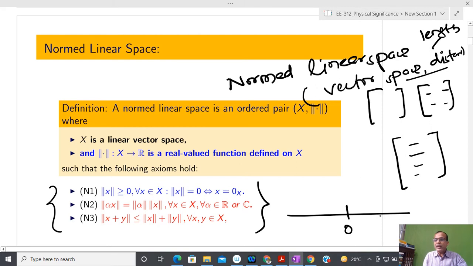In one dimensional space, suppose I have some quantity like 1, how are we defining distance? We take the absolute value and say this is the distance from here to here. Suppose some quantity is negative, then again we take the absolute value and take the distance from here to here, and distance is always positive. And if we are at the origin, then distance is 0.